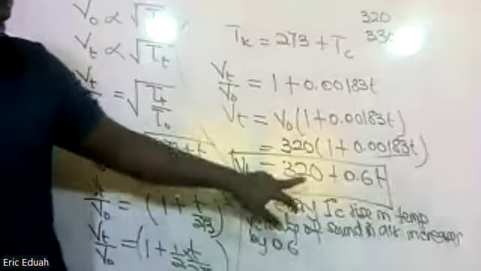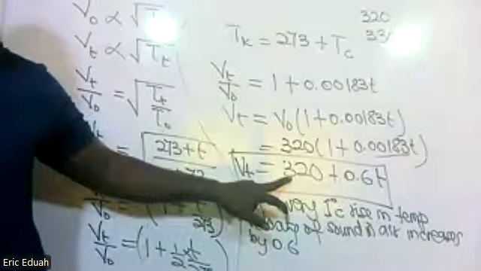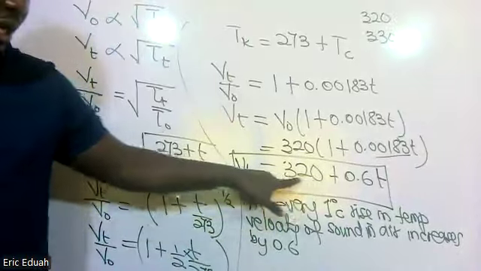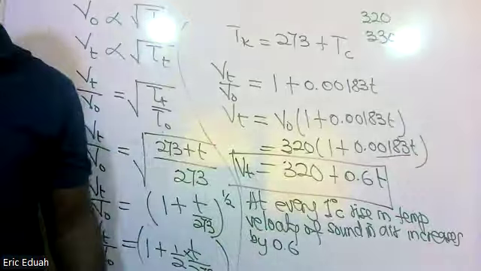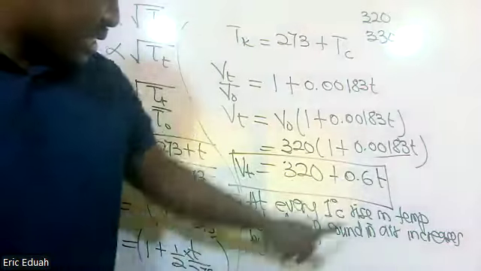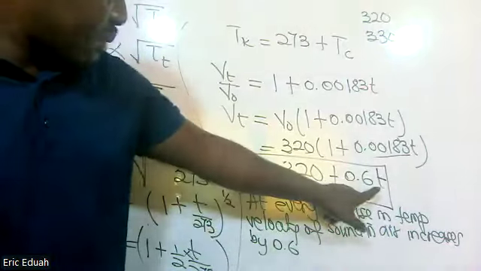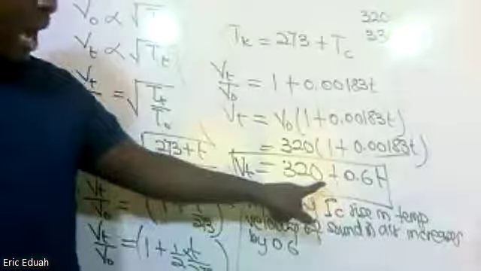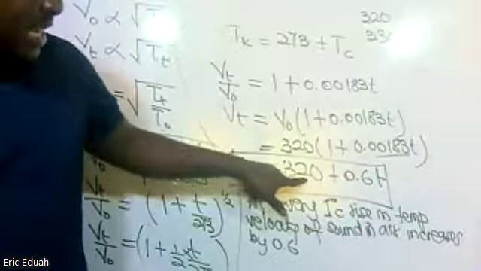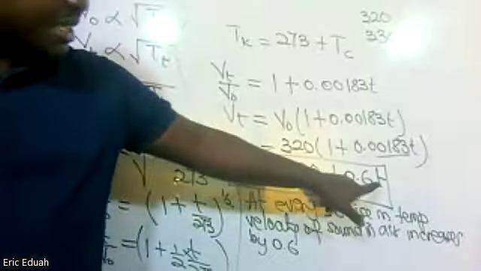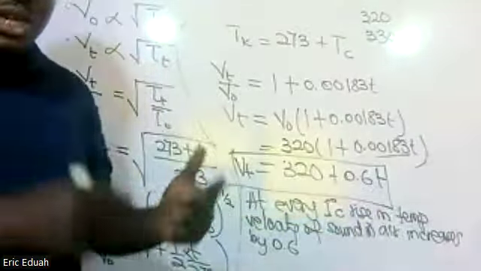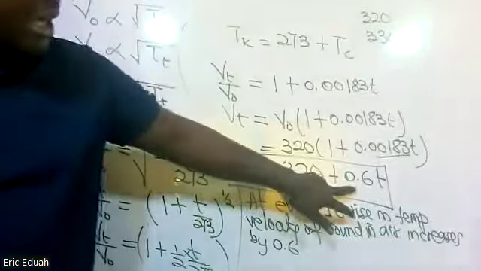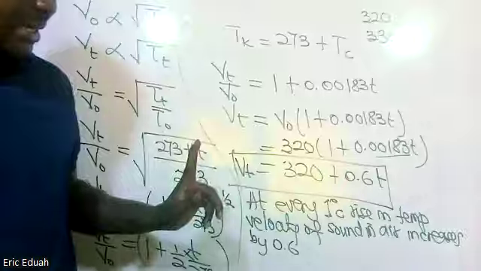So velocity of sound at zero Kelvin is considered to be this constant. Meaning that if temperature increases by 1, you have this plus 0.6. So at 1 degree Celsius rise in temperature, this constant value would increase by 0.6.